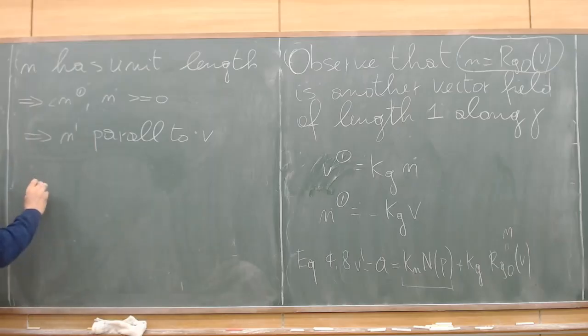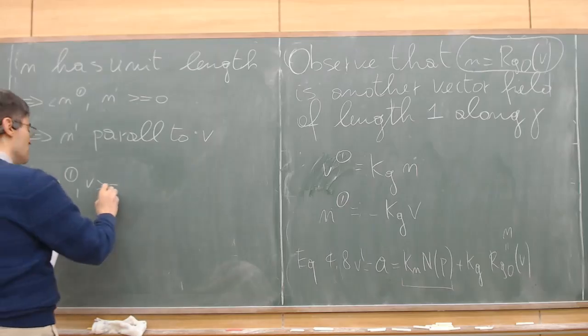How to find the component of N prime along V? It's simple, we use this formula.